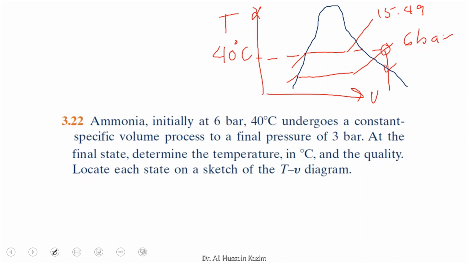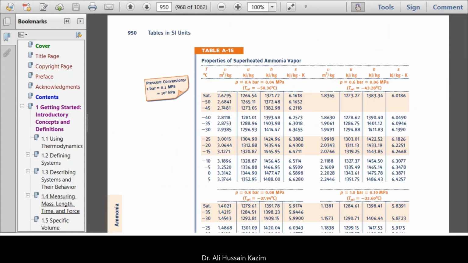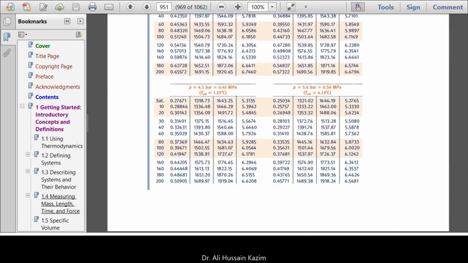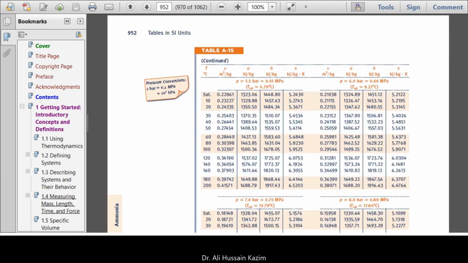So if we consult the table, 6 bar and 40 degrees Celsius for superheated ammonia, the specific volume is 0.24118.